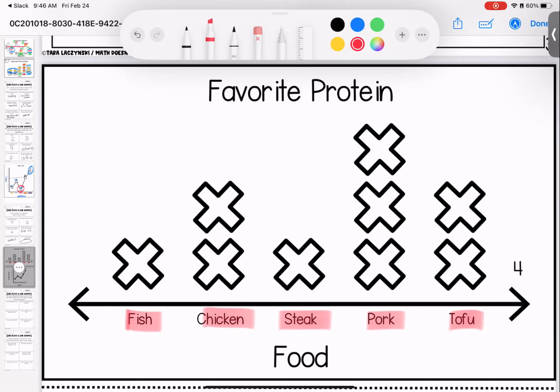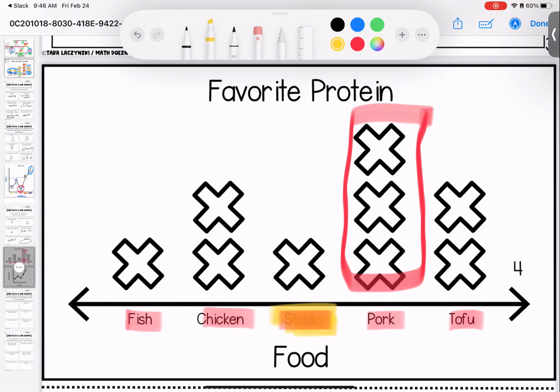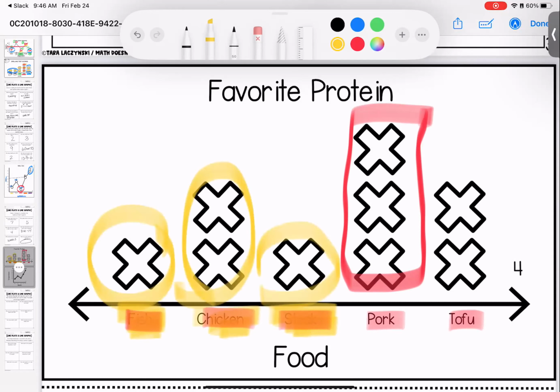How many students like pork? There's 3. How many students like steak or fish or chicken? So we have 1 plus 2 is 3 plus 1 is 4. What are the 2 groups with 2 student votes in each?